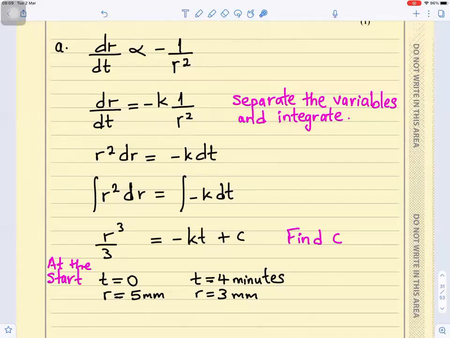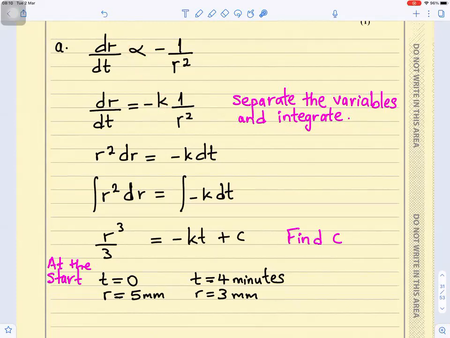So we have dr over dt is proportional to minus 1 over r squared. And we do it by separating the variables and integrating. What we want to do is remove the proportional sign and replace it with minus k.